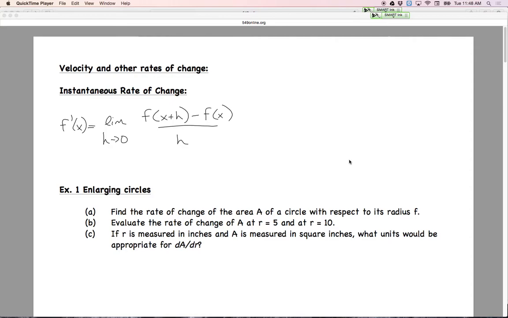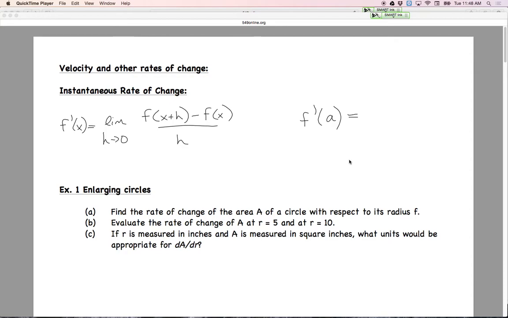You remember that formula? And that calculated the derivative for all x values, or it calculated the instantaneous rate of change for any x value. And you can even make it a little bit more specific. You can take that formula, and we know that we can calculate the derivative at a specific point. So using our definition of derivative, you can calculate the derivative at a point, x equals a.